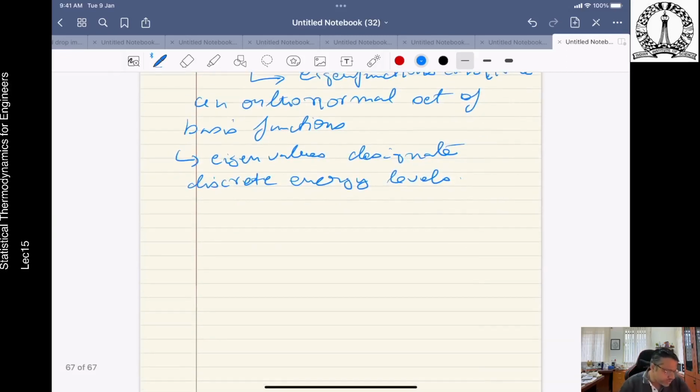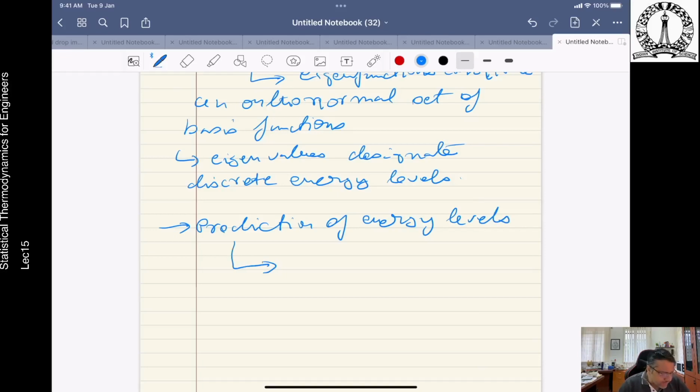Also, if you look at it carefully, we saw that this prediction of energy levels using the Schrodinger's wave equation is very well connected or affiliated with the classical energy conservation.